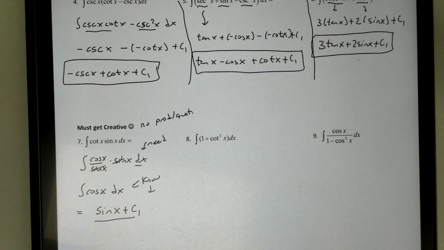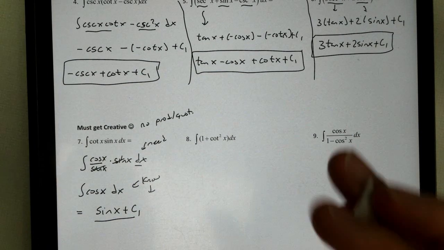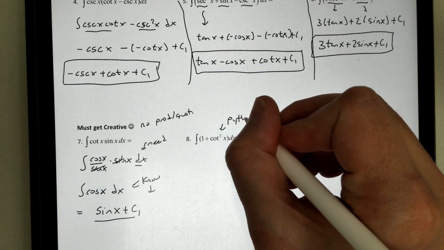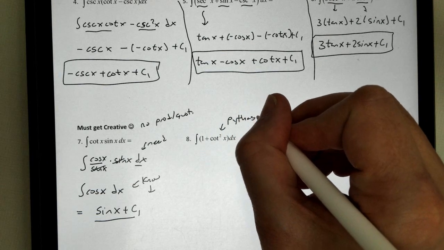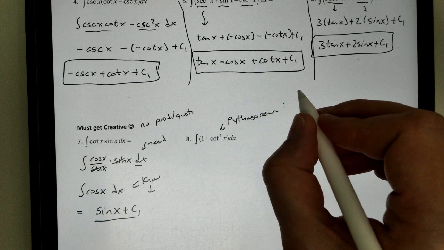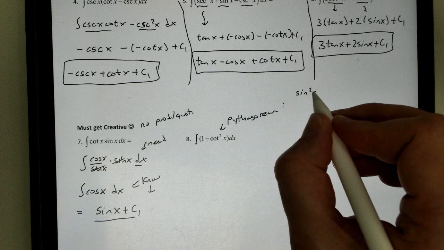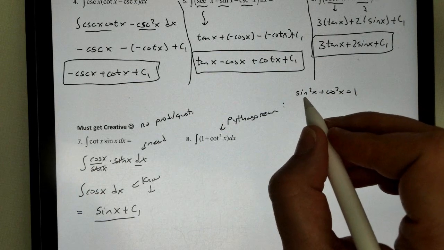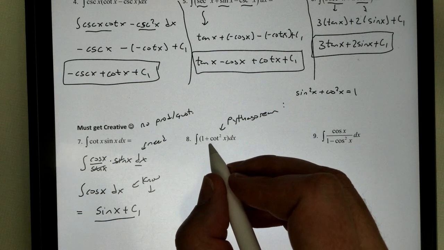So to do a problem like this one, I'm thinking Pythagorean. Anytime I see a square, I'm thinking Pythagorean. So here's what I know for the Pythagorean, that sine squared of x plus cosine squared of x equals 1. I want to get cotangent.